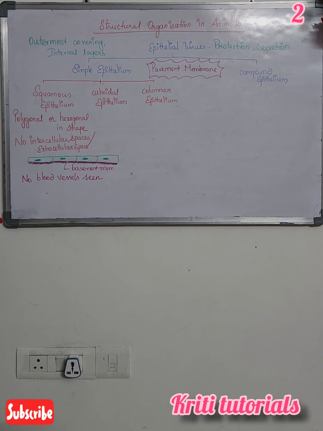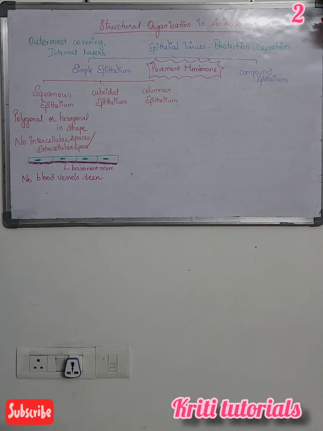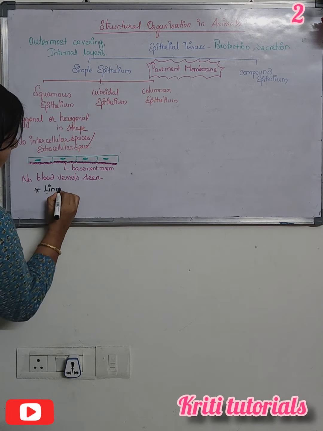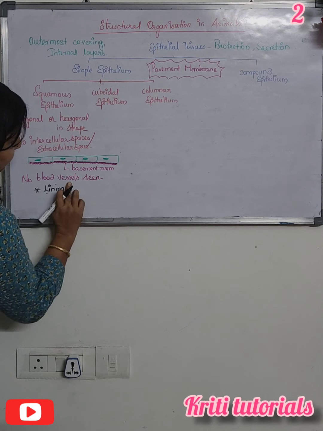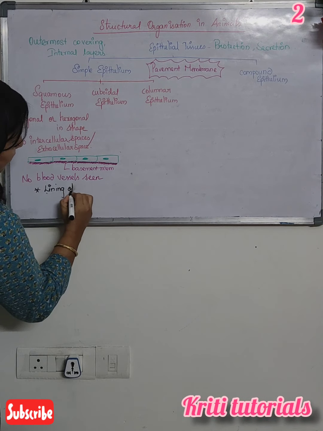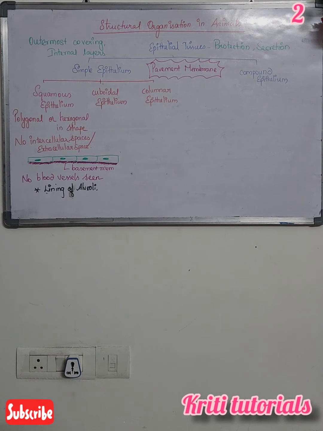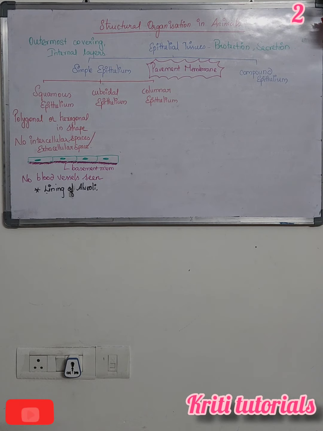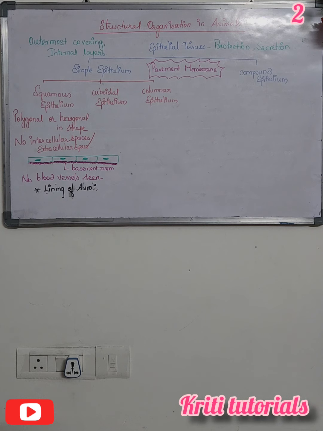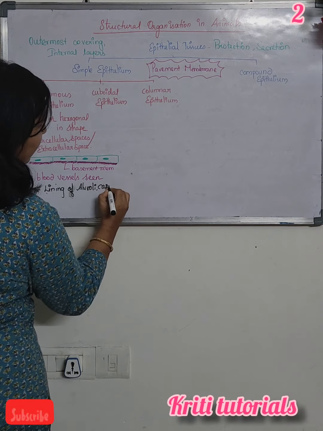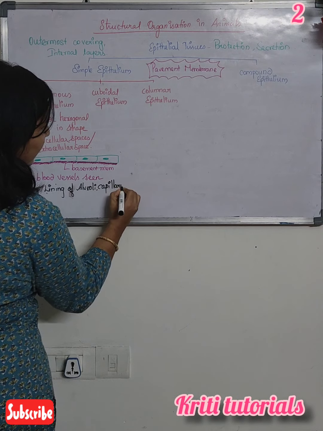If we talk about the location, I use a different color for identification. They are present in the lining of alveoli. They are present in the lining of blood capillaries.